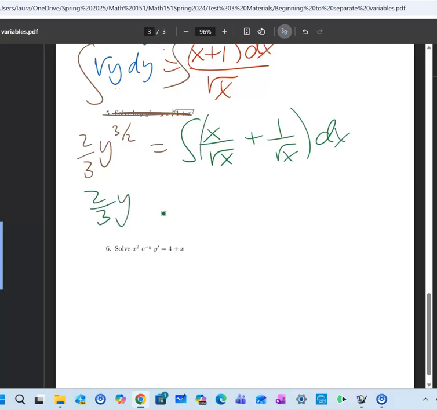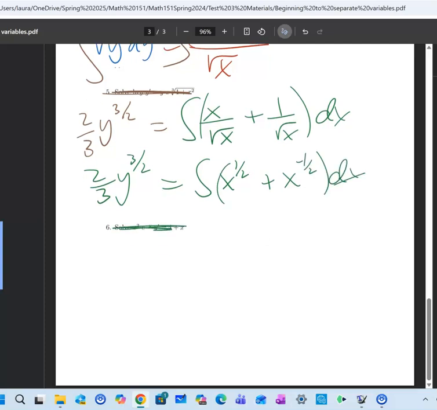So 2/3 y to the 3/2 is the same as separating here, working with the exponents, and then I get x to the negative 1/2. And then this carries along 2/3 y to the 3/2. So I would get x to the 3/2 over 3/2, or times 2/3, plus 2x to the 1/2.